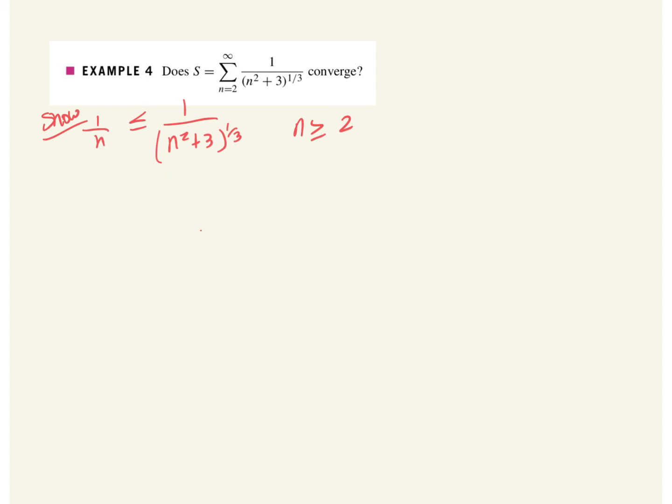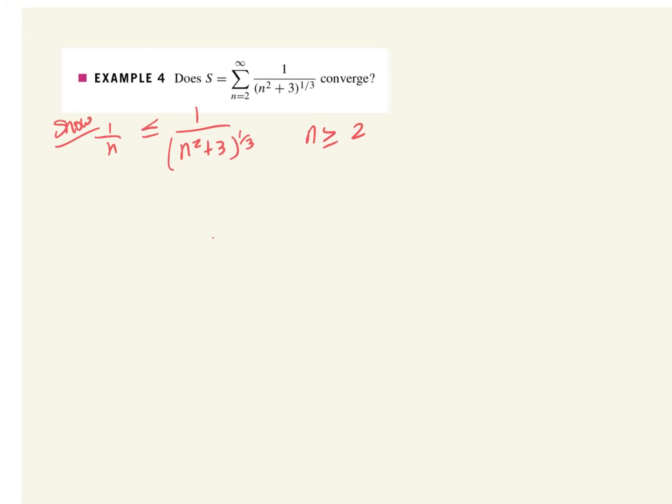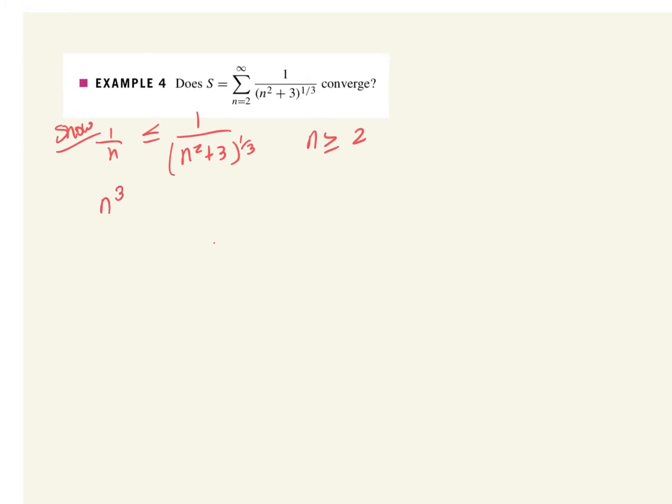So anytime we start with an inequality, showing one fraction is smaller than the other, I can make the reciprocal, the opposite statement. If I cube both sides, so I'm not looking at a cube root anymore, and I remove the fraction, kind of like cross-multiplying, it would make this statement true: n cubed is greater than or equal to n squared plus 3.